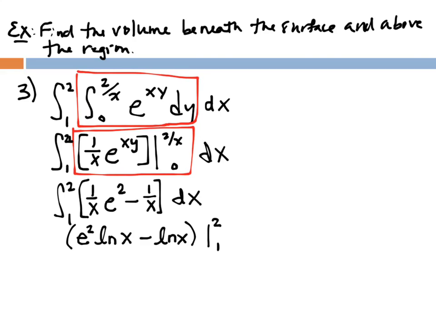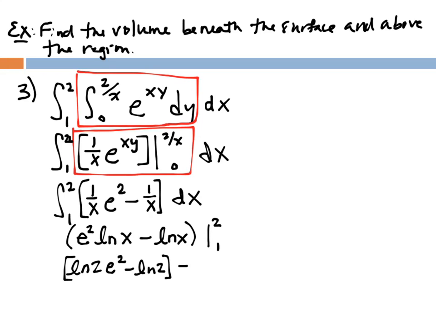Tell me what I get when I plug in 2. Natural log of 2 times e squared, or in the other order, e squared natural log of 2, and then minus natural log of 2.